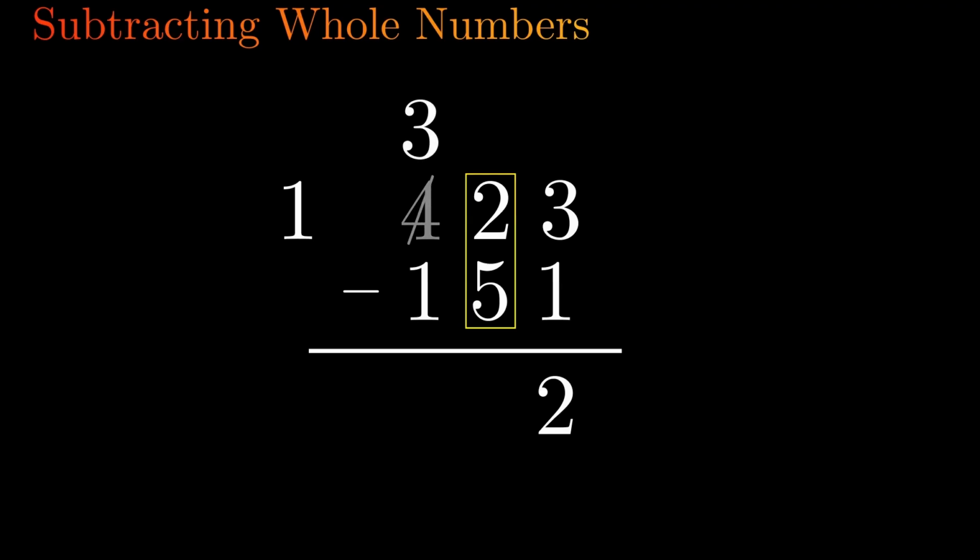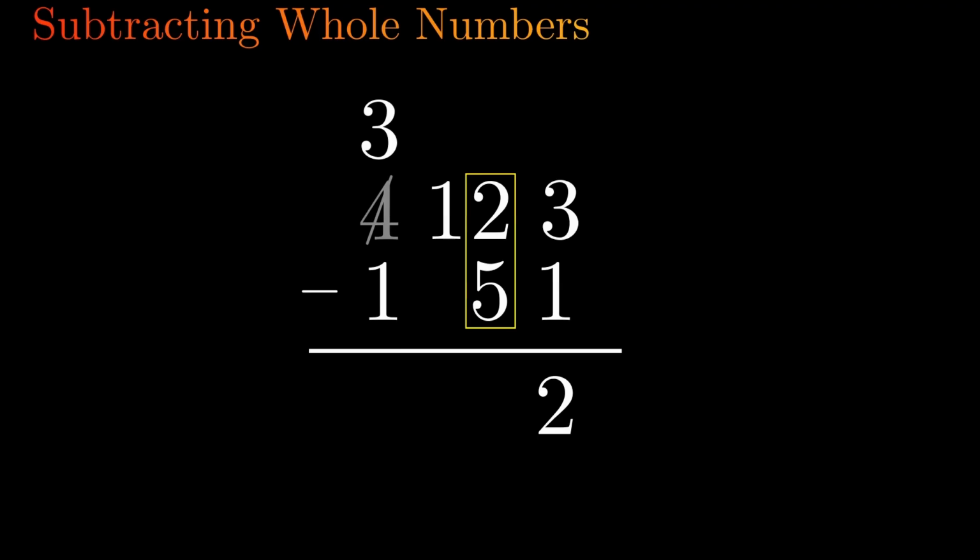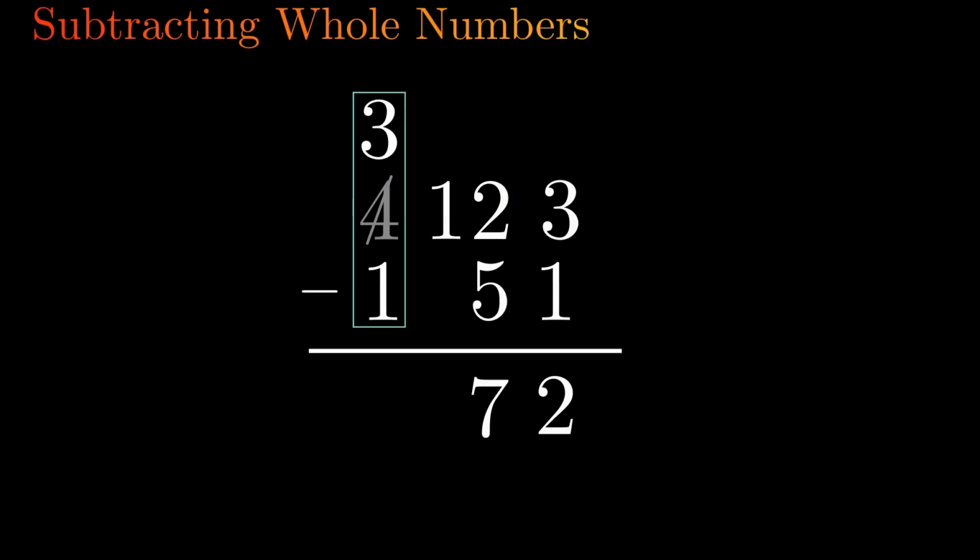That 1 we borrowed is 100, which is 10 tens. We add those 10 tens to the 2 we already have. So 10 plus 2 gives us 12 in the tens column. Now we can subtract. 12 minus 5 equals 7. And finally, the hundreds column. Remember, we used 1, so it's 3 minus 1, which equals 2.